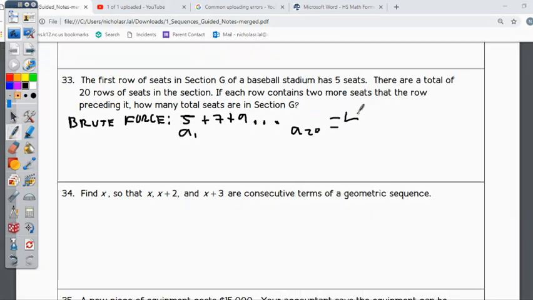But that process that we did, and this is going to lead up to our summation, can be simplified by a formula, all right?